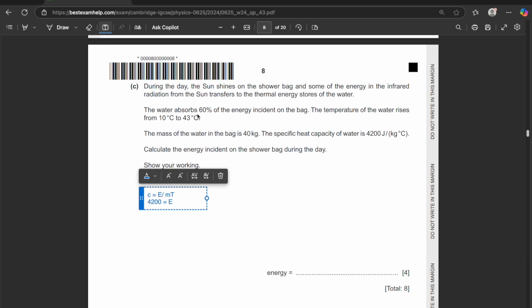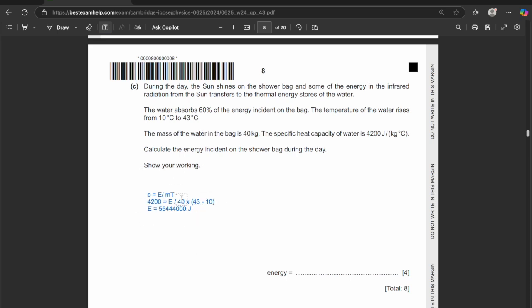Here it says only 60%, so we still need another step. Energy divided by mass is 40 into 43 subtracted by 10. So for energy we get 4,200 into 40 into 33, and that's 5,544,000 joules.